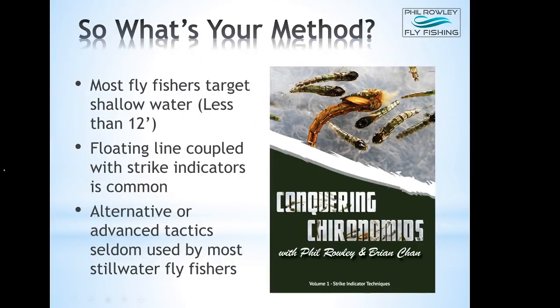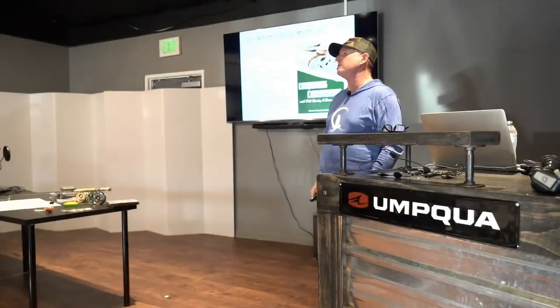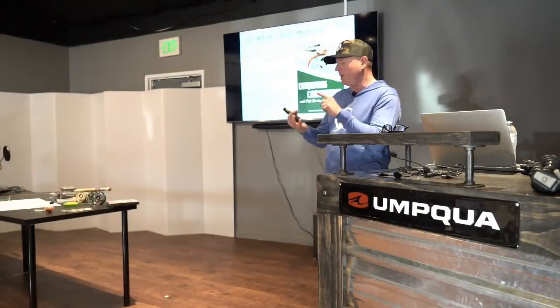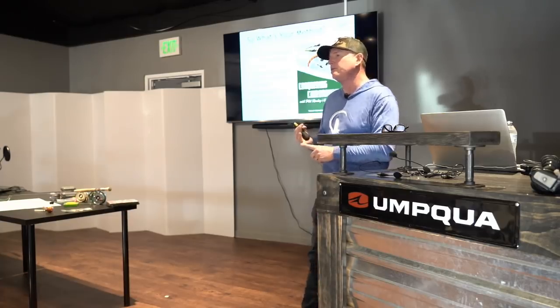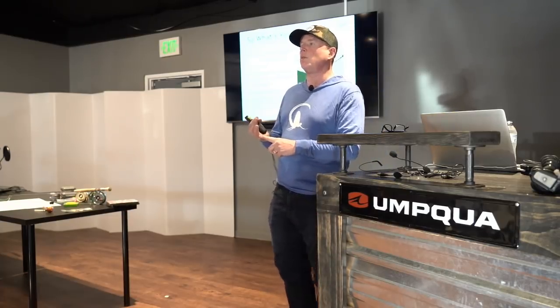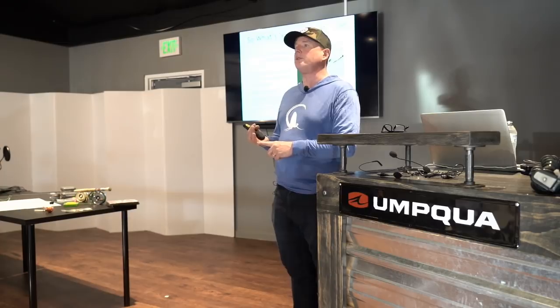There we go. So, as a basis point, most fly fishers today like to target shallow water, and frankly, as a fly fisher on lakes, water 20 feet deep or less is arguably the best to be, and that's for two primary reasons. First of all, that's where all your weed growth is going to take place.